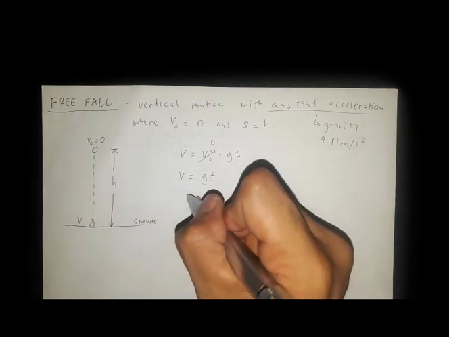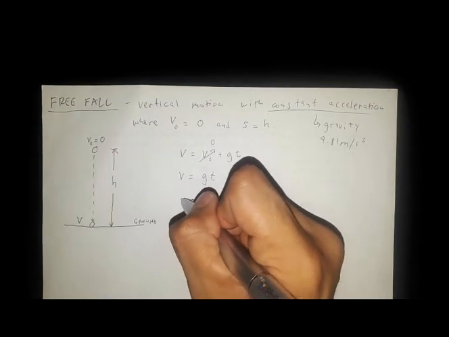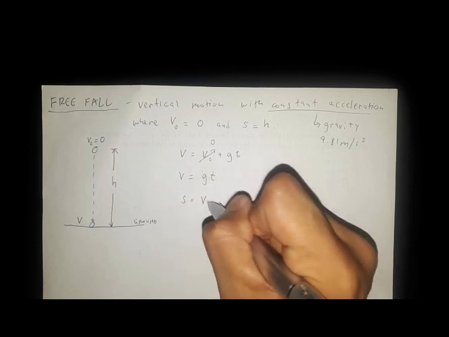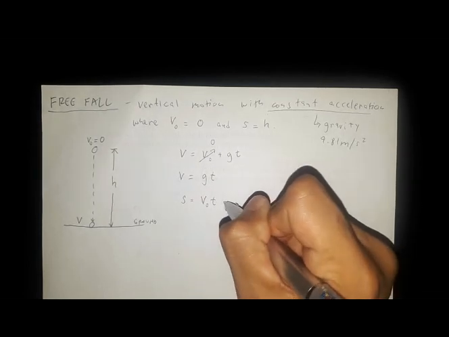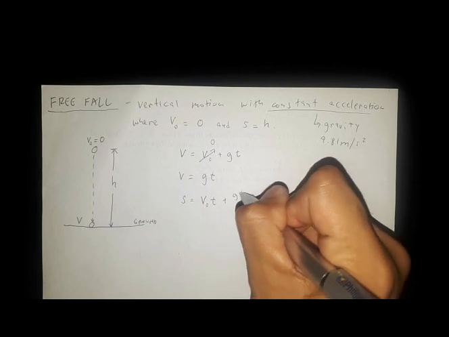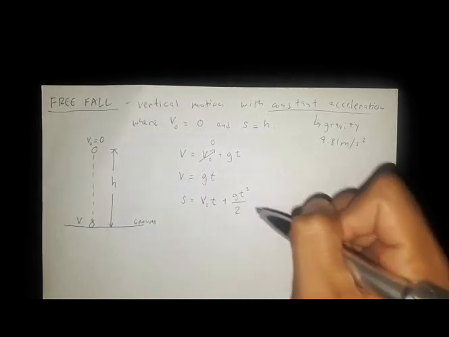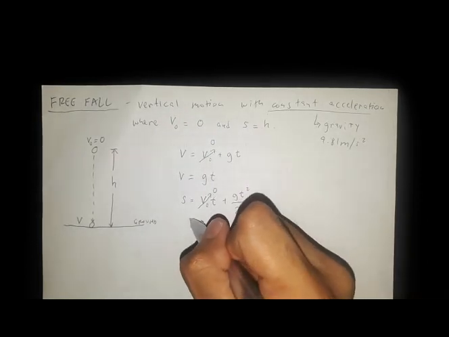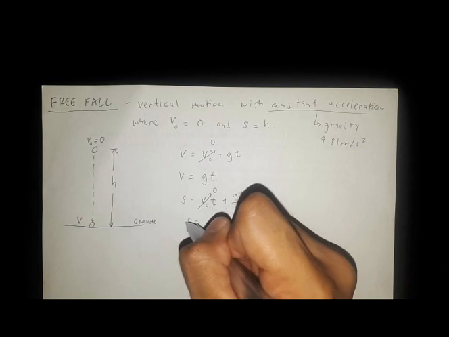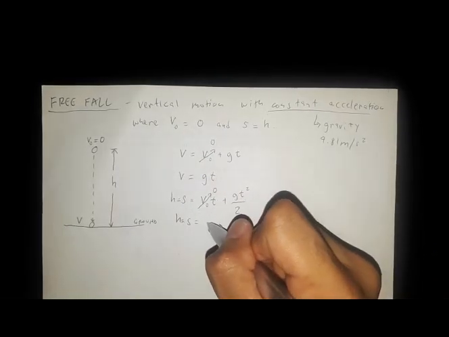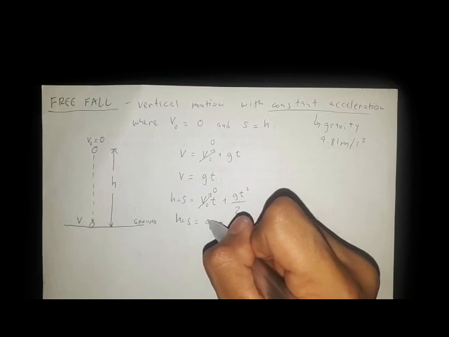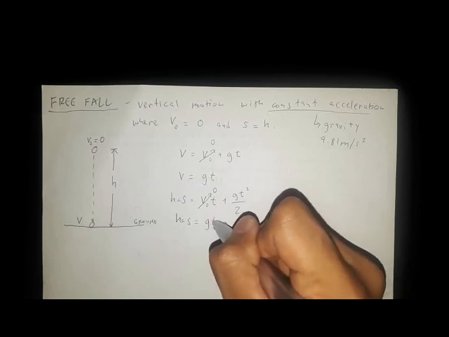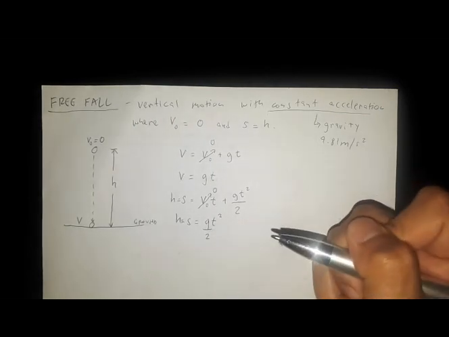Next, the equation for S as a function of t: S equals V0t plus gt squared over 2. Knowing that V0 is equal to 0, your S here is equal to h, so h equals gt squared over 2.